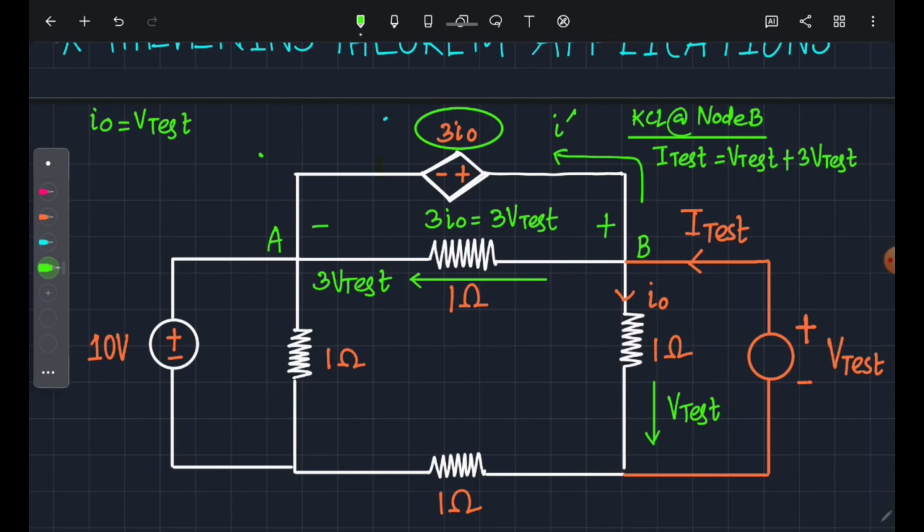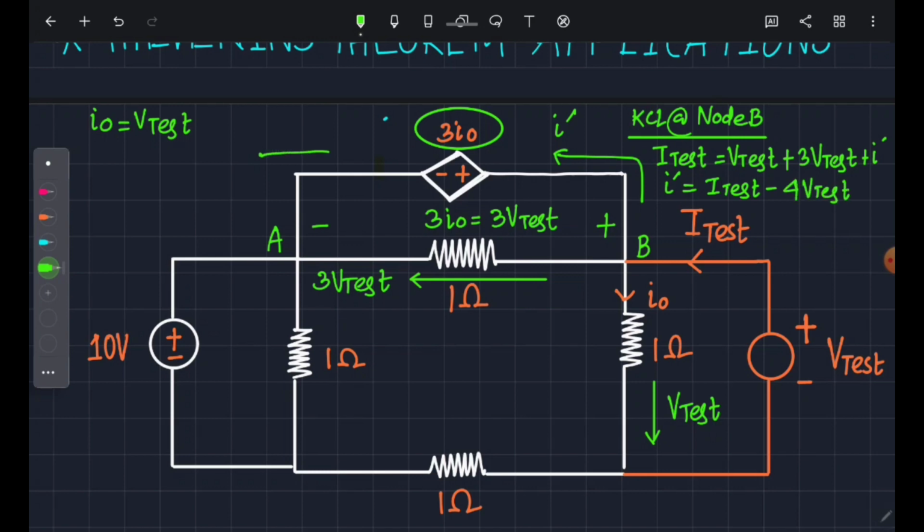So that is also outgoing. Now if we deduce this, we get I dash is equal to I test minus 4 V test. So we just point it out in the circuit. This current is I test minus 4 V test.